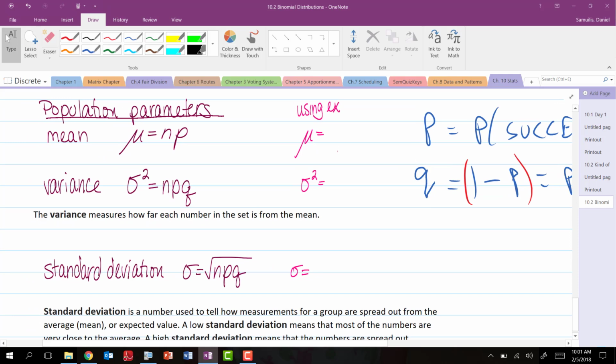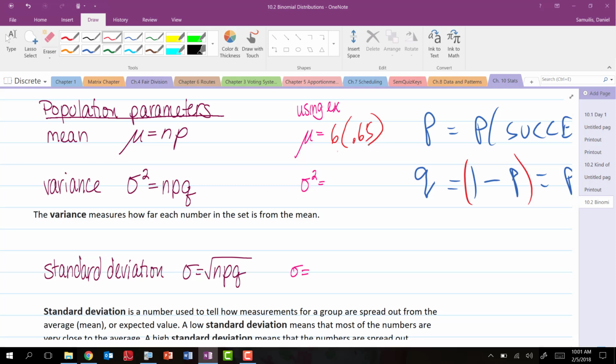Average. For these particular binomial experiments, mean or mu is n times p. N. How many households did I go by? 6. That's n. What's the probability that house had cable? 65. And then you can go ahead and type that in the calculator. I think it was 3 point something.